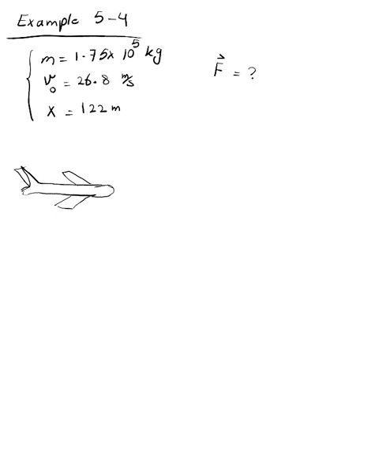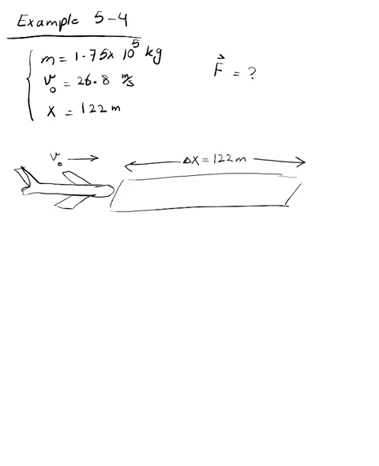Okay, and then it has the initial speed of v naught, right? And then the foamcrete happens here, and it takes 122 meters for it to make the airplane stop. 122 meters is my delta x.